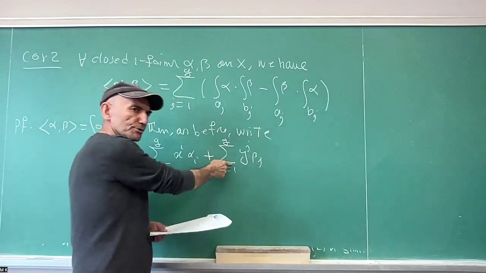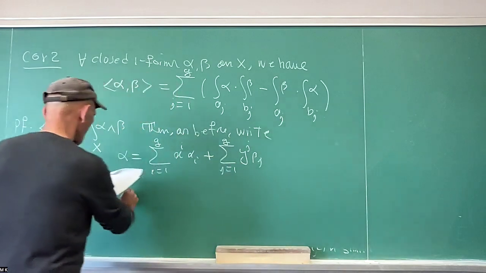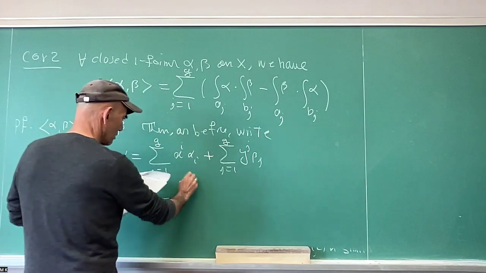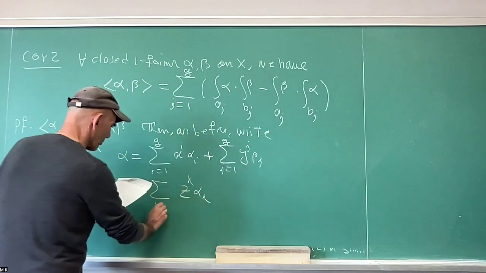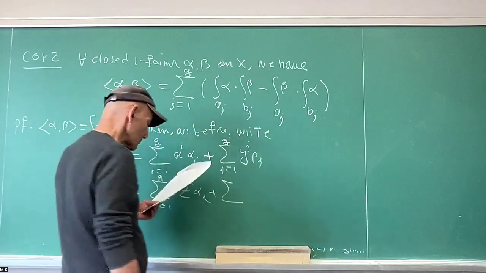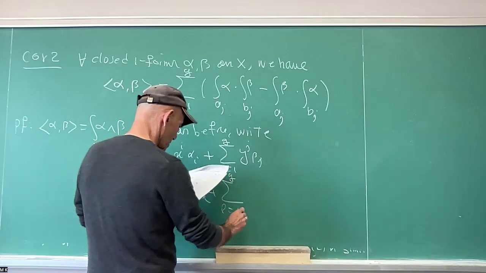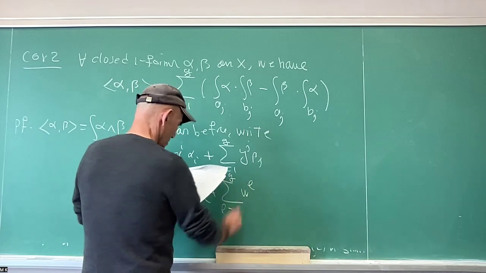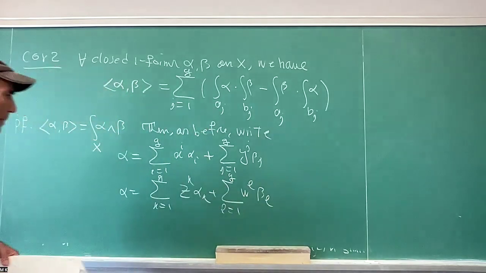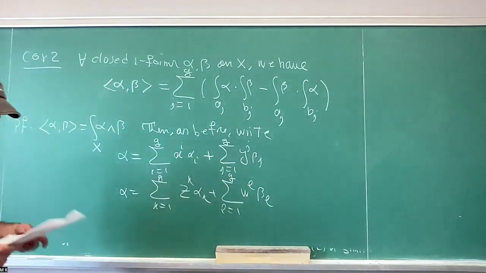These are just complex numbers, because this is a vector space basis. And then for beta, you write the sum of zk alpha k, k from 1 to g, plus the sum, l from 1 to g, of wl beta l. So these are one forms and these are four sets of complex numbers.